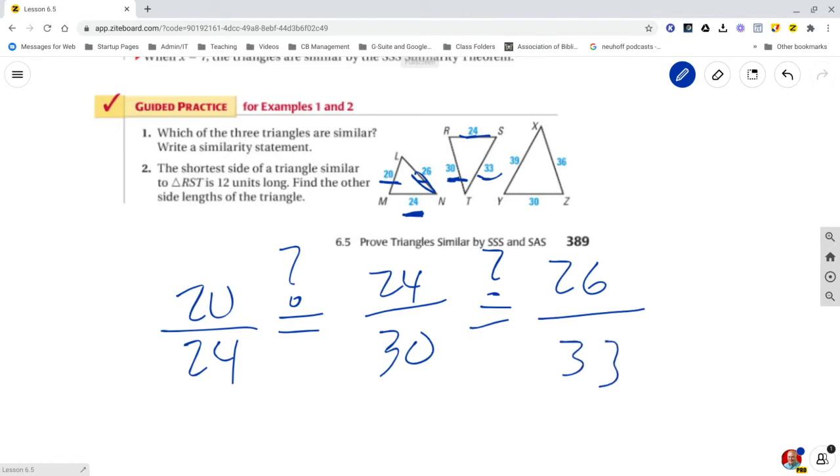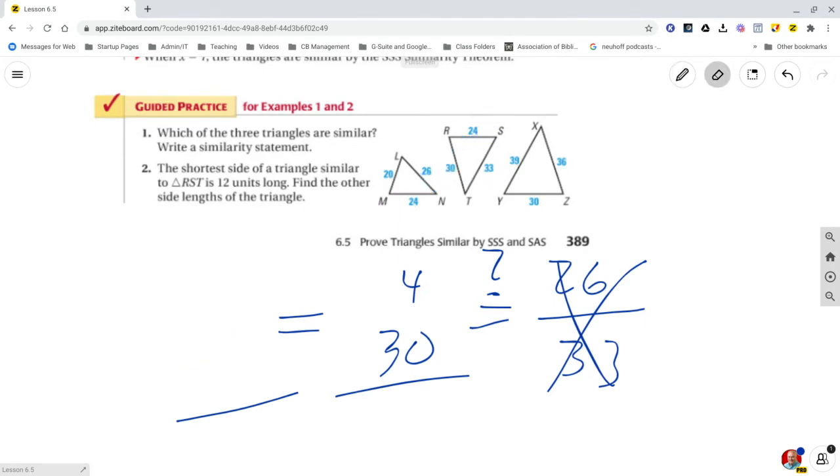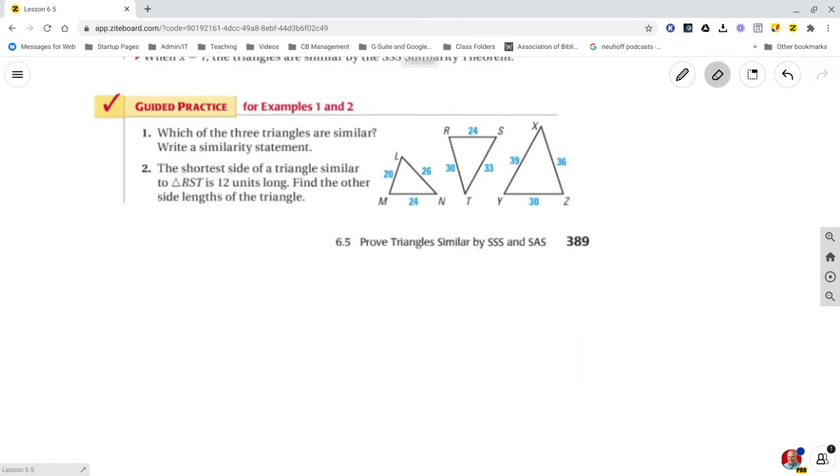When I evaluate each of those, I have to come up with the same ratio. And what I can tell is that this is not going to be the same as the first two. So I know those two triangles are not going to be similar. I'd use that same approach then to evaluate the other triangles to determine whether or not they are similar.